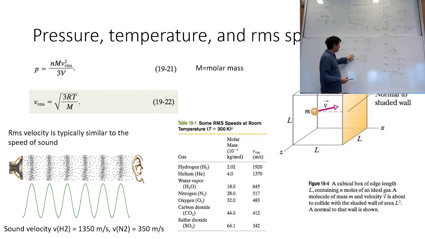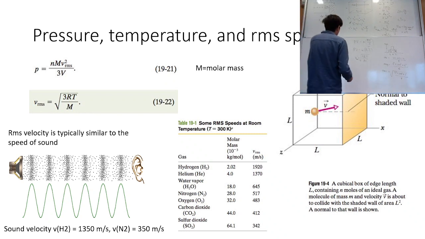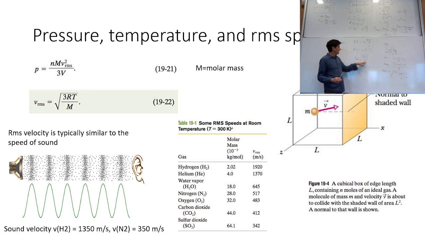What's most important here, and quite interesting, is that this velocity is only dependent upon the temperature. Assuming you've got your material, whatever the gas is, the molar mass of that is just some value. R is a constant, right?